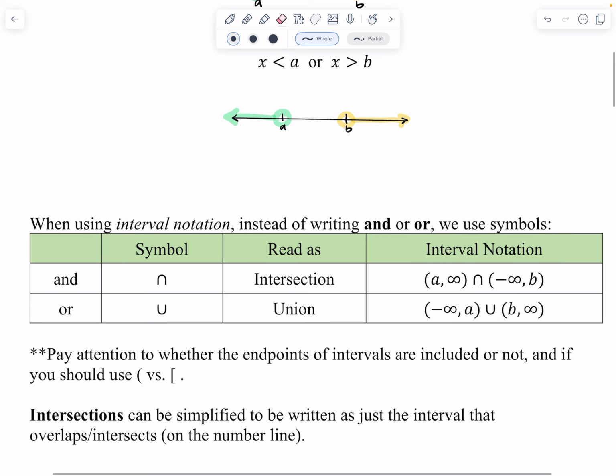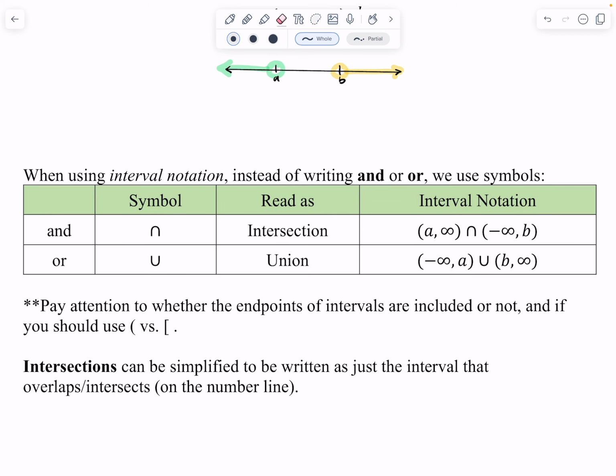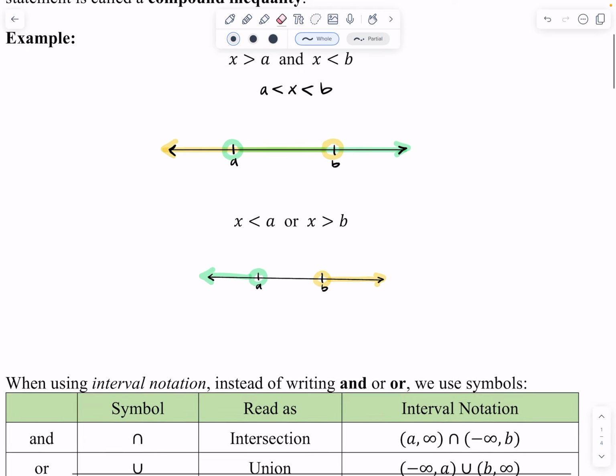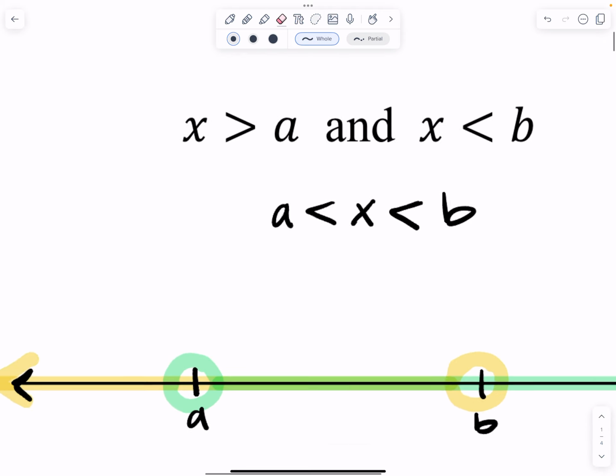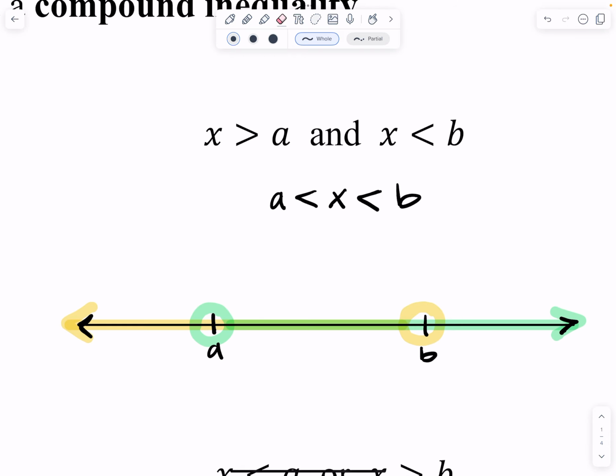Now, the intersection, our and statement, can often be simplified to be written as a single interval. So in the example up here, it's easily seen in this more compact notation for the inequality. But we could think about representing that same statement as just a single interval of numbers in the same way that we did for the compact inequality.